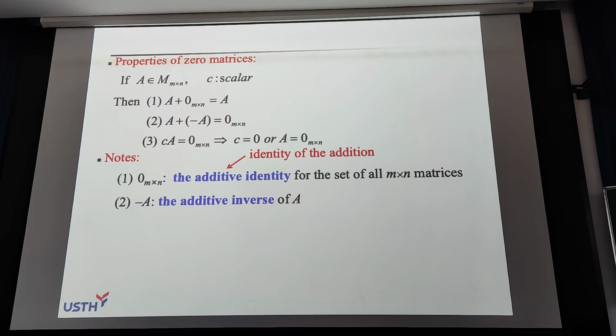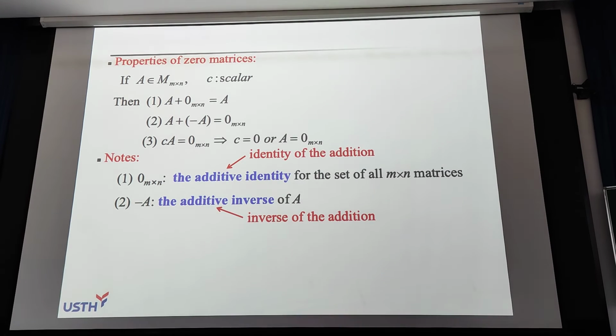The second property says that minus A is the additive inverse of A. It means that A minus A is the inverse of addition. Trừ A là phần tử ngược của phép cộng hay là phần tử nghịch đảo của phép cộng. However, that is just some names, you can forget it for the moment.